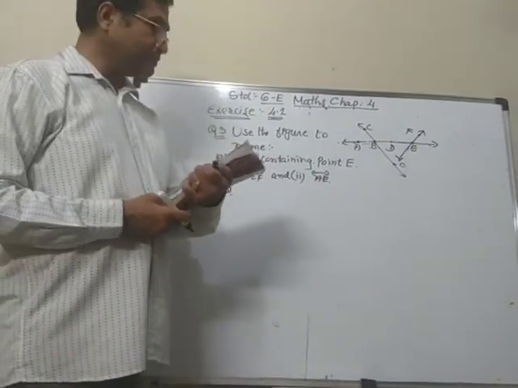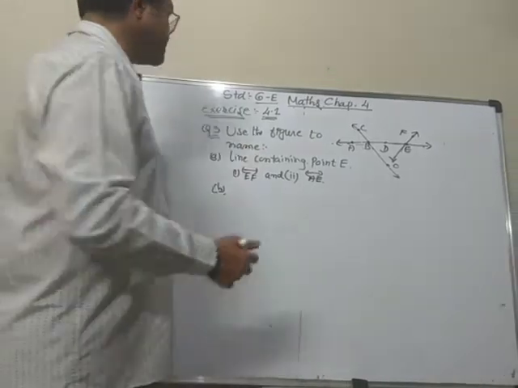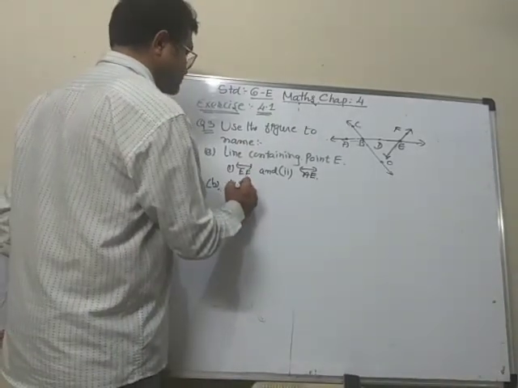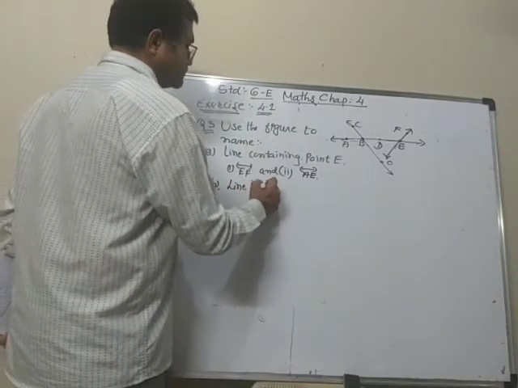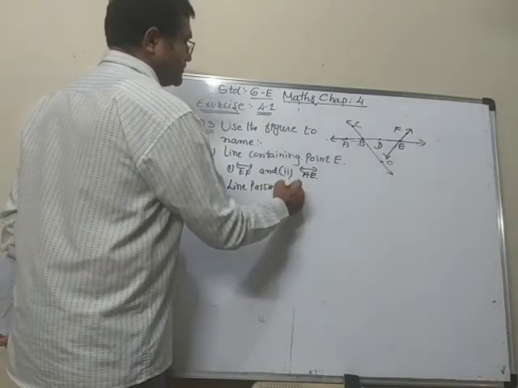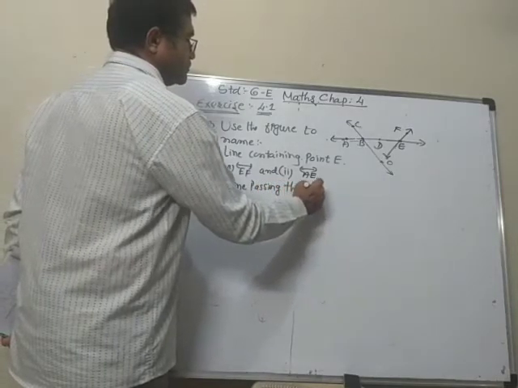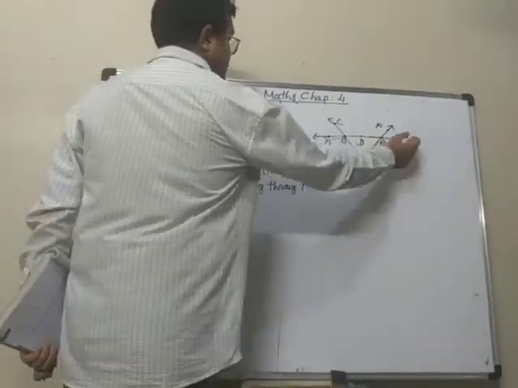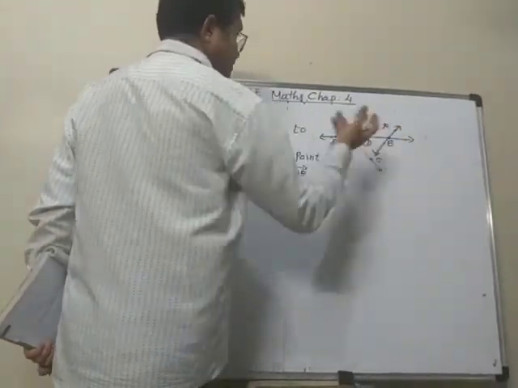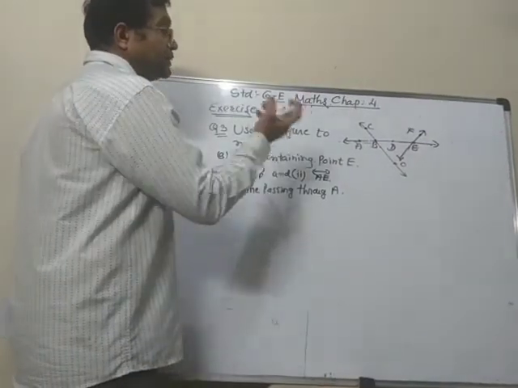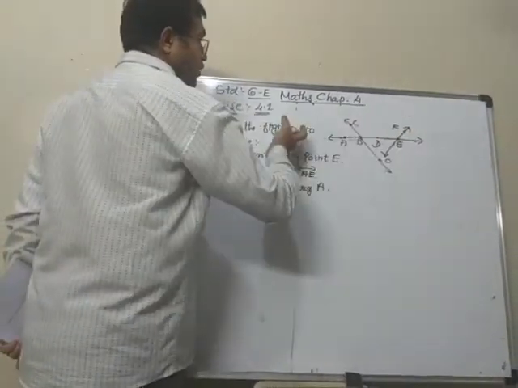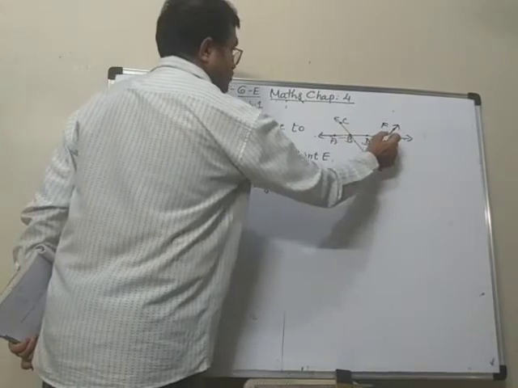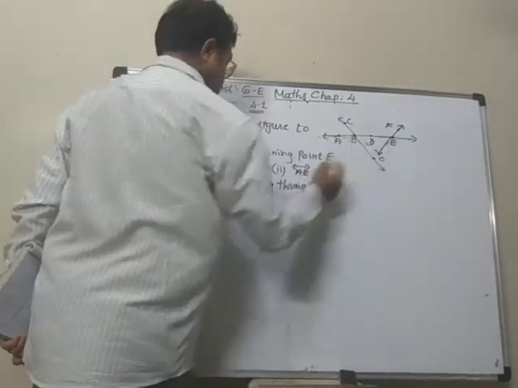Now B, line passing through A. So there is only one line passing through A. What can be the name? There can be lots of names. Line A or line B, because it is not only from this point, it is also going endlessly.